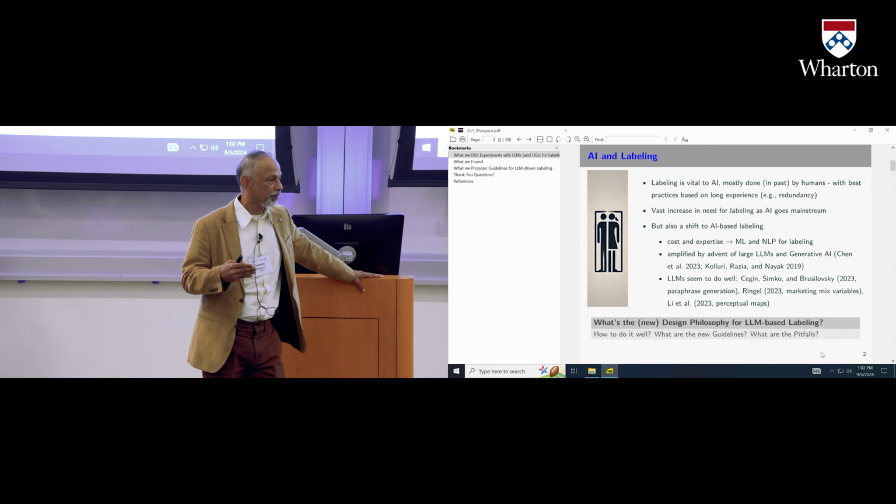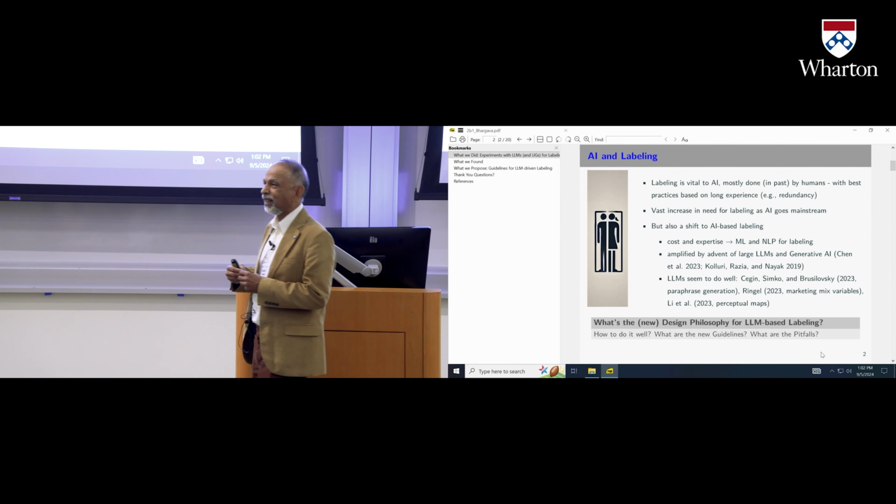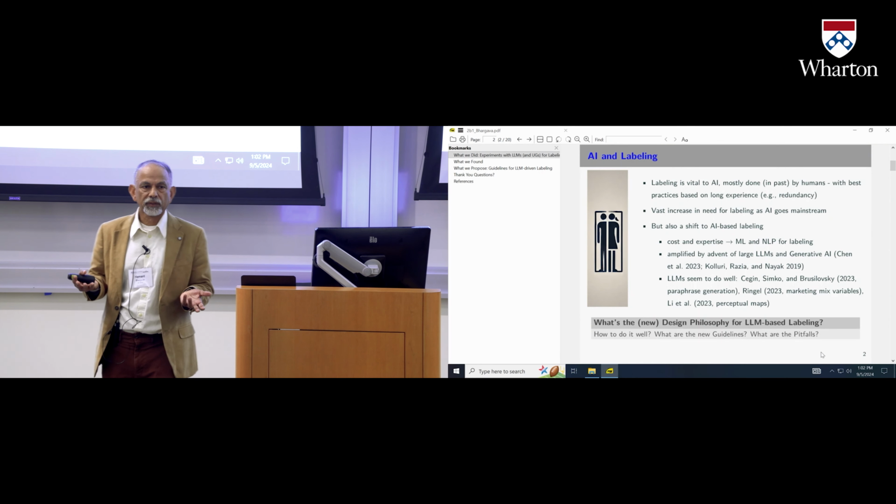That is often driven by cost considerations because having humans do labeling at very large scale takes a long time and it's expensive. At the same time, people have been trying to use generative AI LLMs for many different tasks, including different types of labeling and classification tasks. And they seem to be doing pretty well, right?